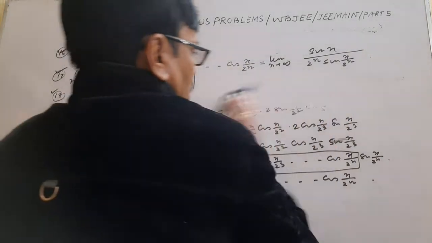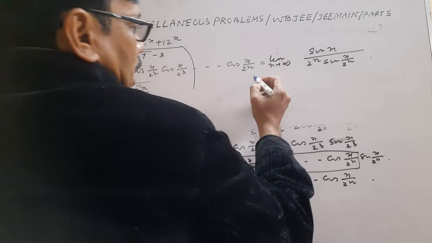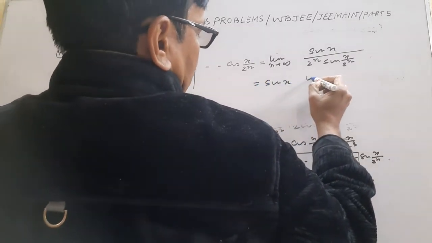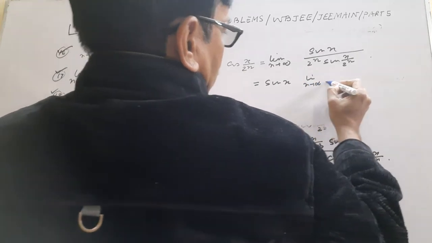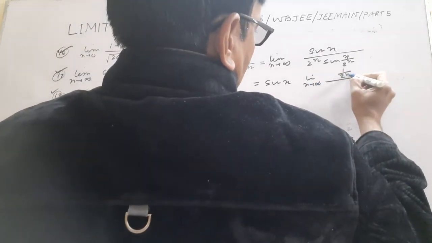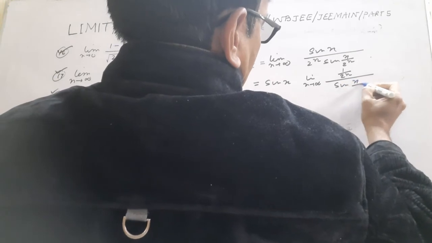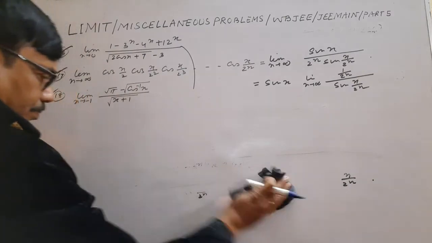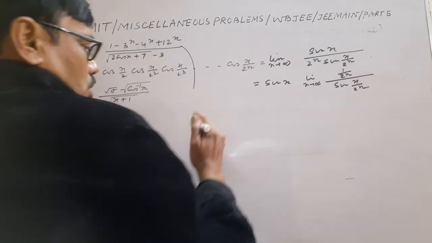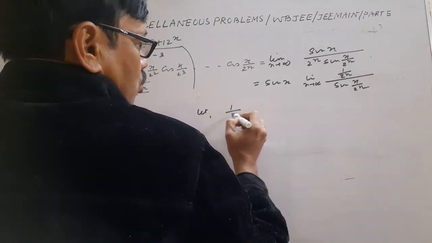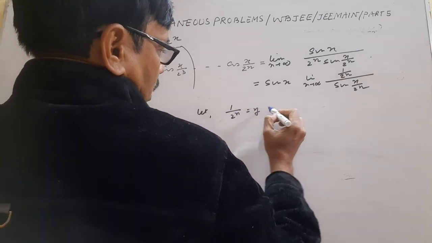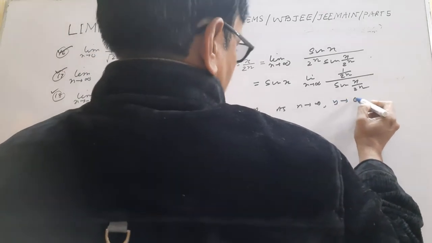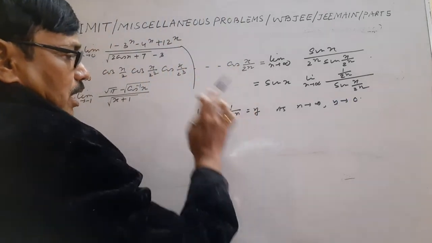The limit depends on n only, so we can write sin x outside the limit, as n tends to infinity of 1 by 2 to the power n sin(x/2 to the power n). Let 1 by 2 to the power n equal y. As n tends to infinity, y tends to 0, because half to the power of a very large number goes to 0.